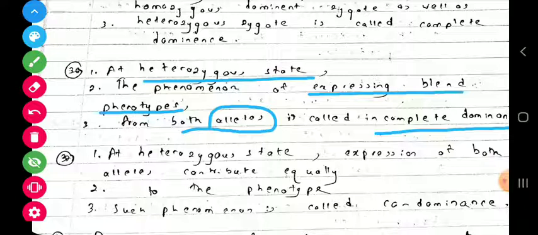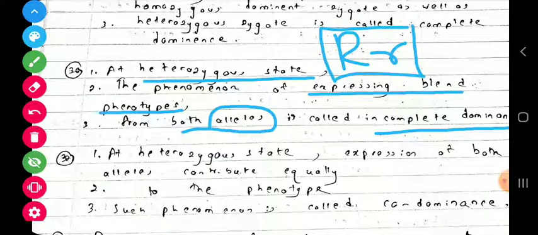That means at the capital R small r stage, let's say in some plant, normally red color happens. You can see red color. But here pink color, or some other intermediate color, comes.